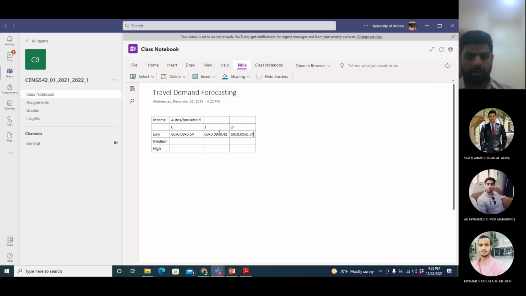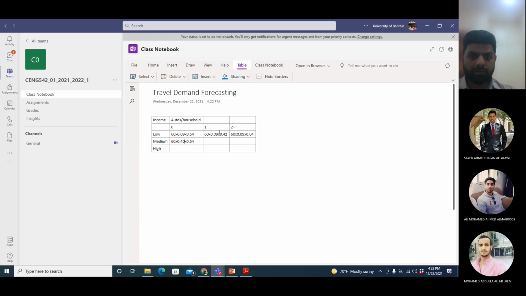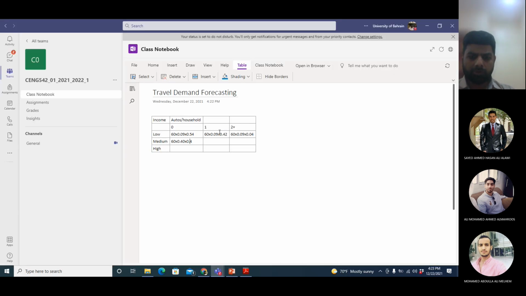You do the same thing here as well. Medium income is 40%, and only 4% of households have medium income and 1 car.